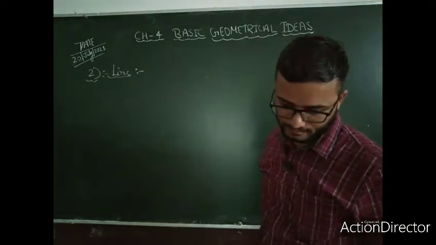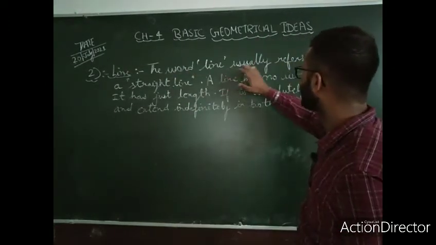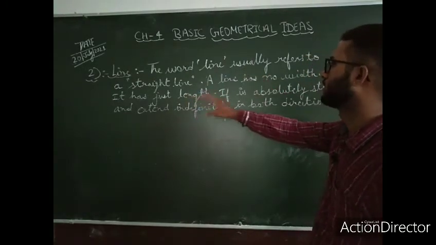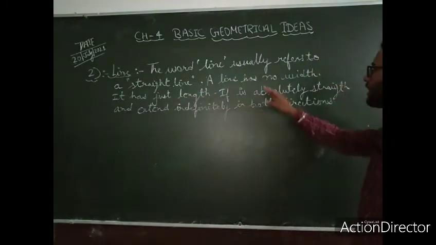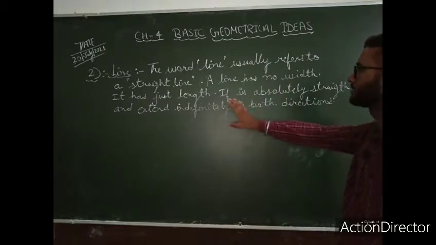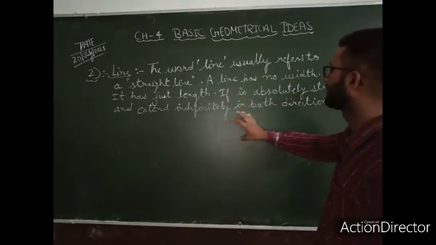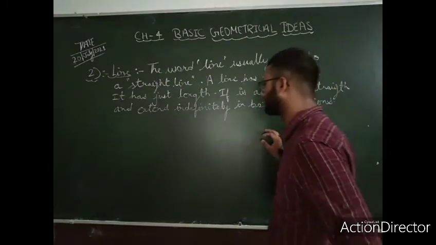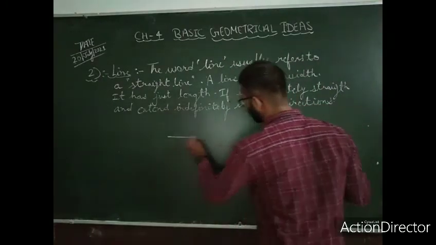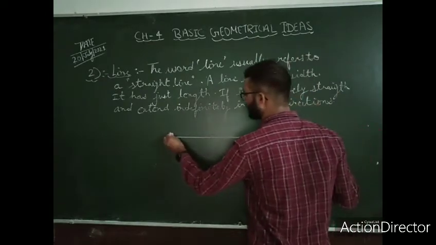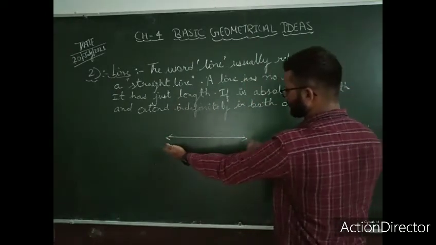The next important term related to geometry is line. What is a line? The word line usually refers to a straight line. A line has no width and it has just a length. It is absolutely straight and extends indefinitely in both directions. So here we draw a line, because a line extends in both directions.